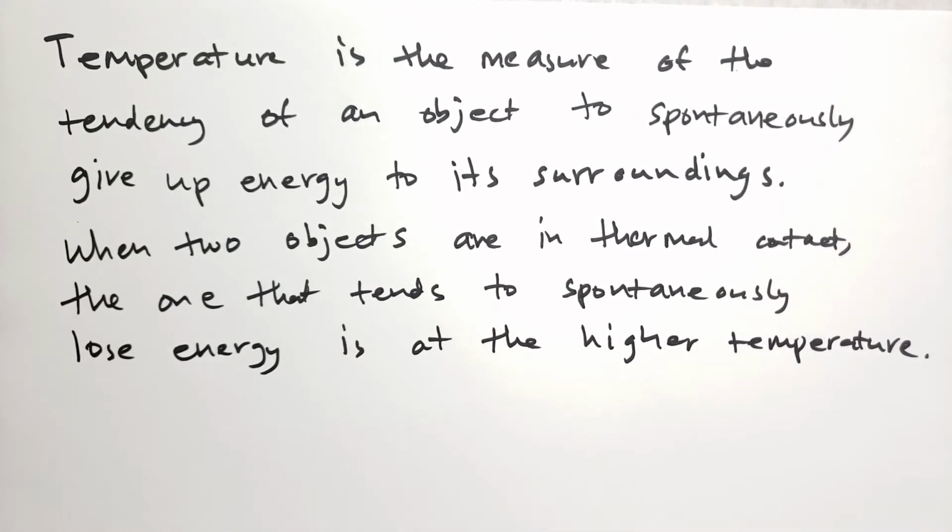So this is what we're going to use for the definition of temperature for the time being. In chapter 3, we're going to go more in depth into what temperature actually is.